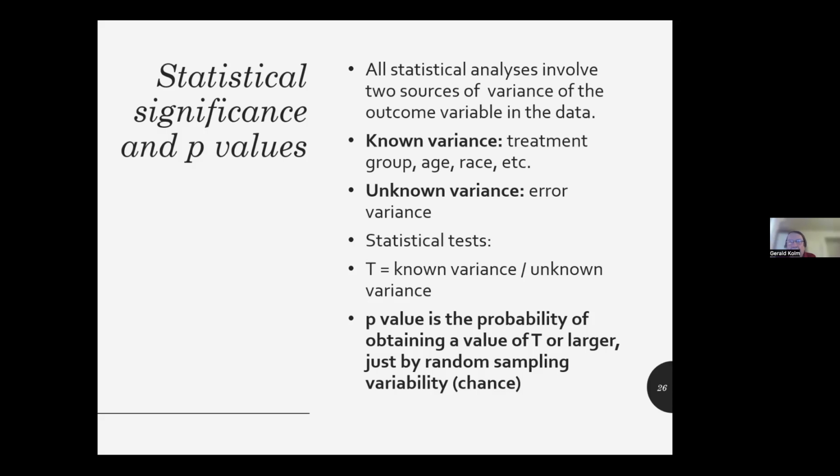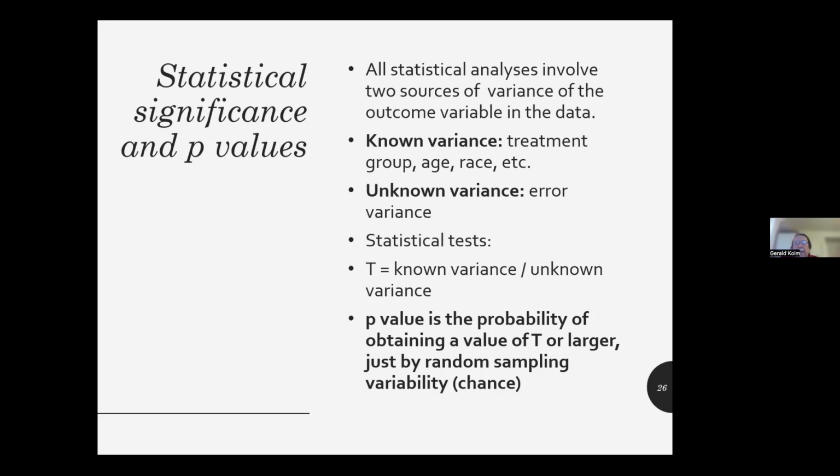Okay. If the p-value turns out to be, for example, 0.01, then that means there's a chance that our test statistic occurred by random sampling variability just 1 out of 100 times.